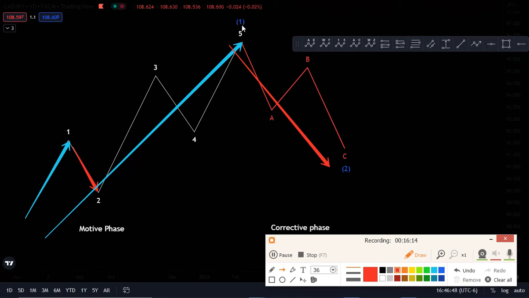And also we can see on a larger degree, an intermediate degree, which I'll explain more in detail in the next episode, how the cycle from the smallest degree or smallest time frame keeps on building up.